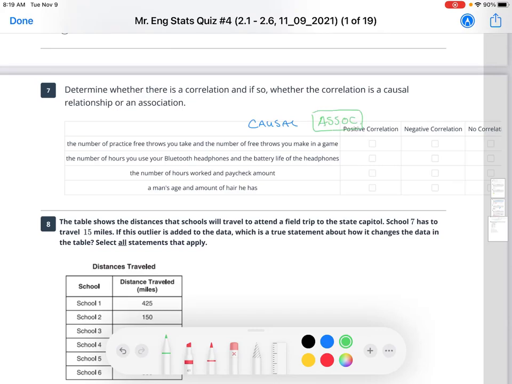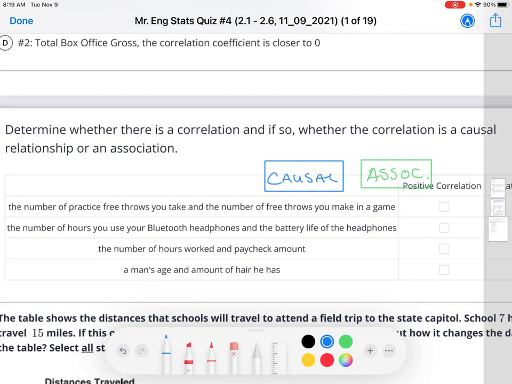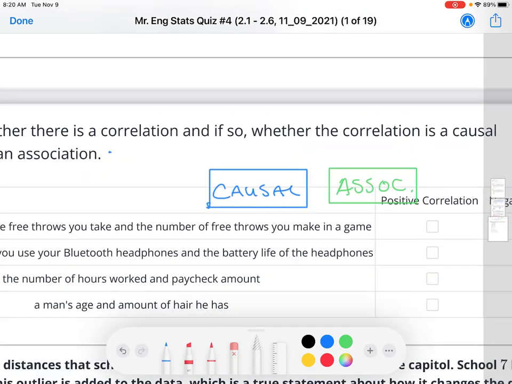Let me talk about these for a second. For causation, a couple other words I'm going to write in here to help us review what it is. All right, let's go over causal and association.